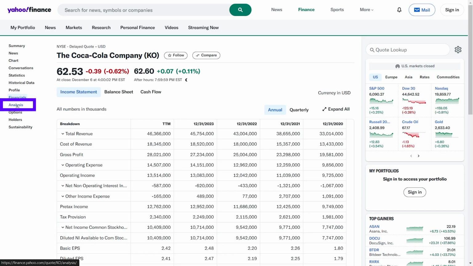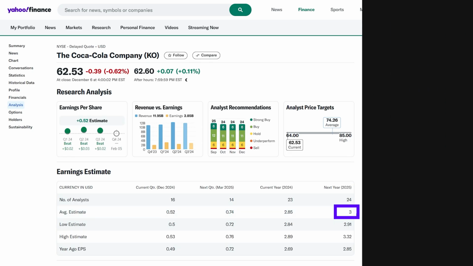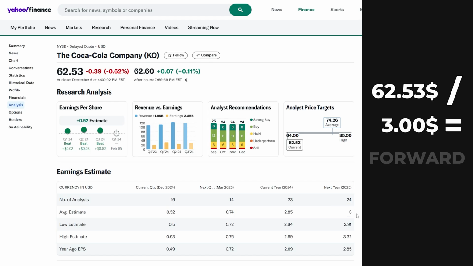For this we have to go here in analysis, and we see that the average estimate of the analysts for 2025 is $3. So we divide 62.53 again, divided by $3, and we get the forward PE of 20.84.